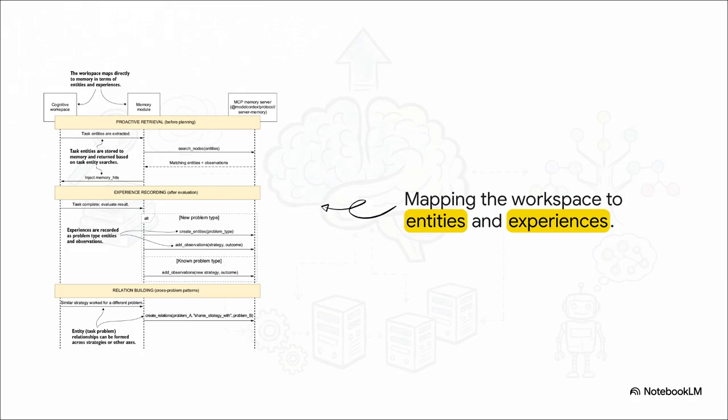A highly sophisticated way to manage all this complex state is by using a local knowledge graph via the Model Context Protocol, often called an MCP memory server. Instead of just blindly throwing millions of mathematical vectors into a bucket and hoping semantic search finds them, this specialized module maps the agent's entire cognitive workspace into distinctly related entities and distinct observations. So before the agent even begins planning a solution to your prompt, it proactively searches this graph for task-related entities.